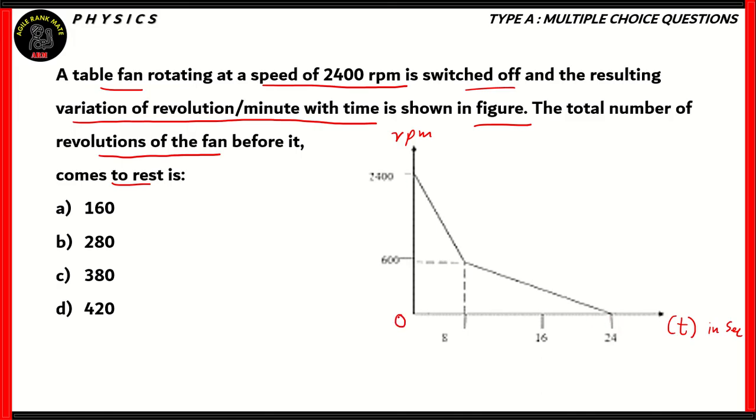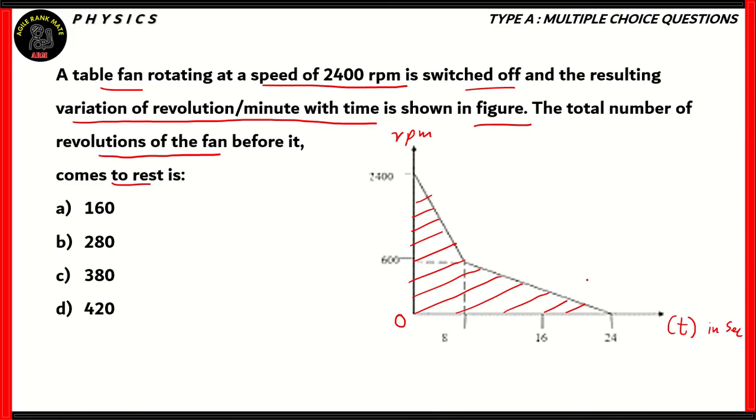So let's write 0 here as well, just so that we know what our graph looks like. So we have an RPM versus time graph. We need to find out the total number of revolutions. Now if you've studied, say, a velocity time graph, you would know that the area under a velocity time graph gives you the distance.